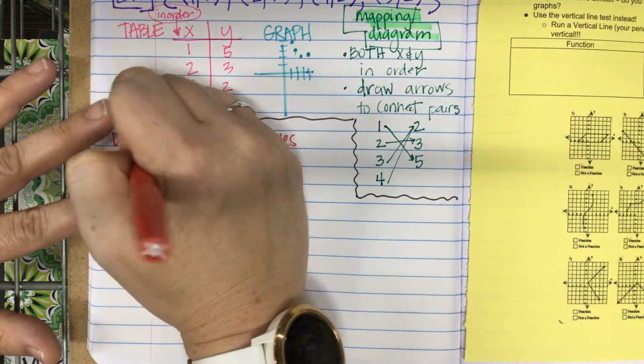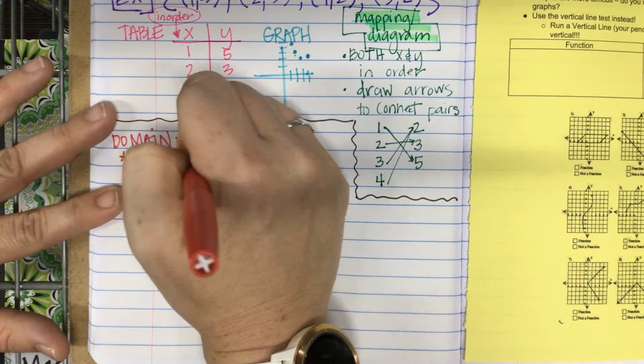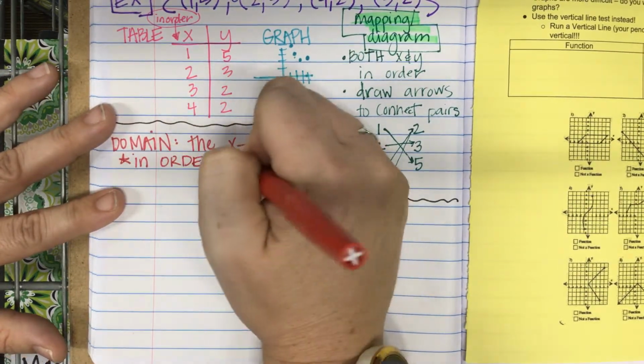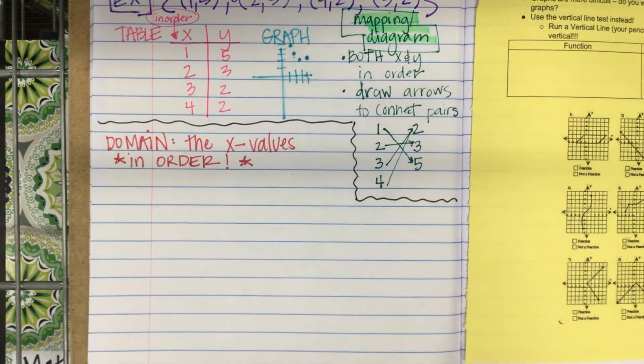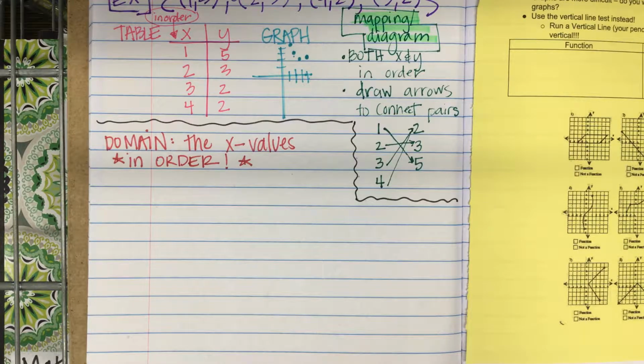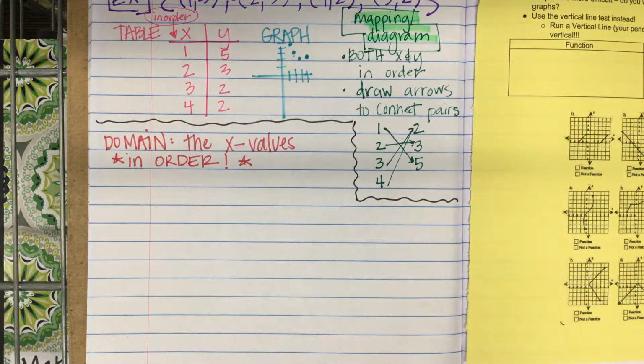We need to remember that they are in order. Least to greatest. Smallest to largest. Domain are just the X values. List it out. Don't repeat.